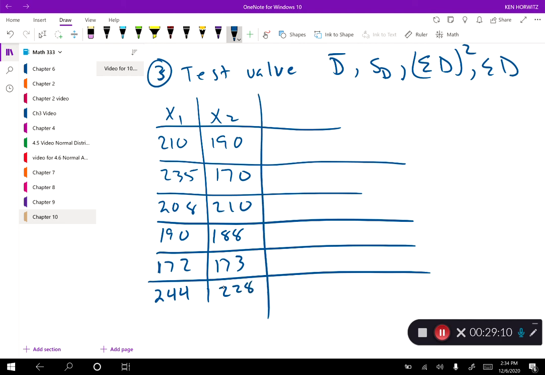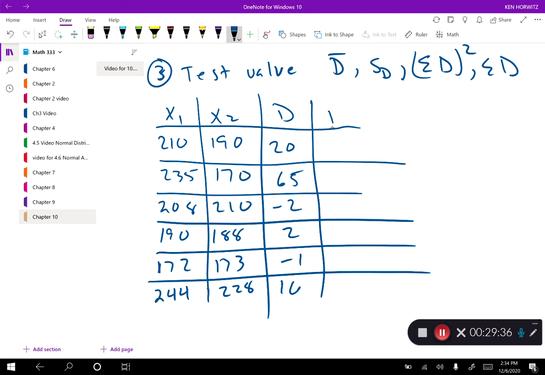All right, and my next column was to get my differences. So 210 minus 190, 20. Then it's 65, negative 2, 2, negative 1, and 16.